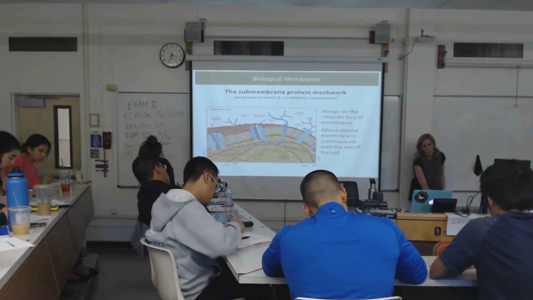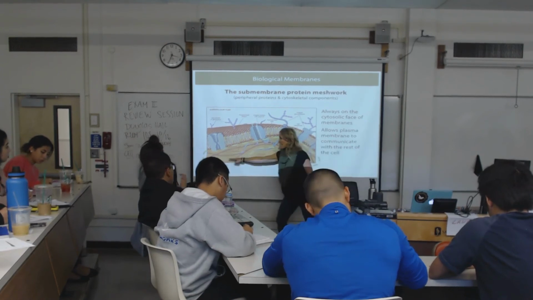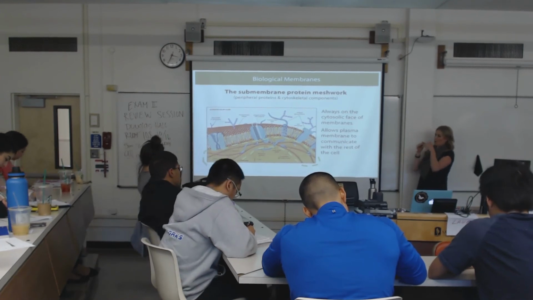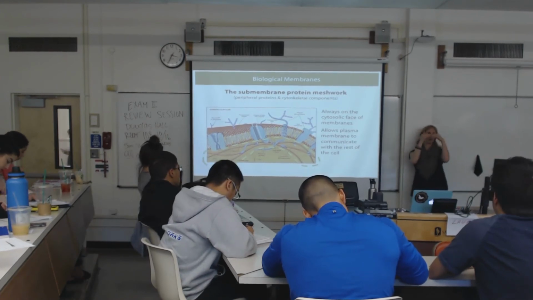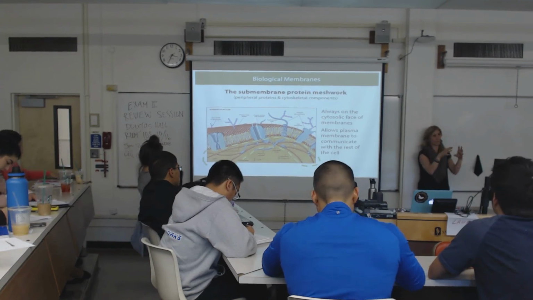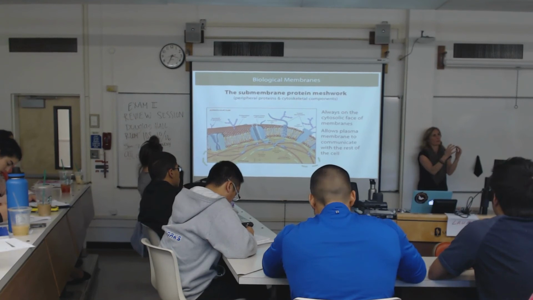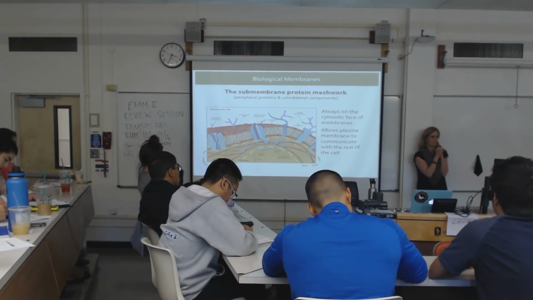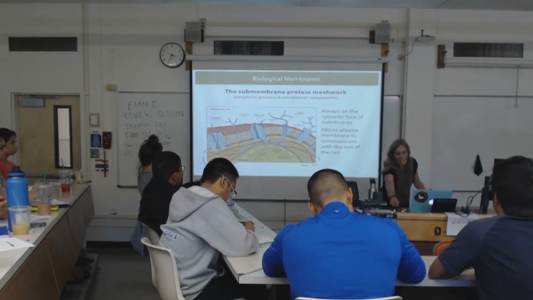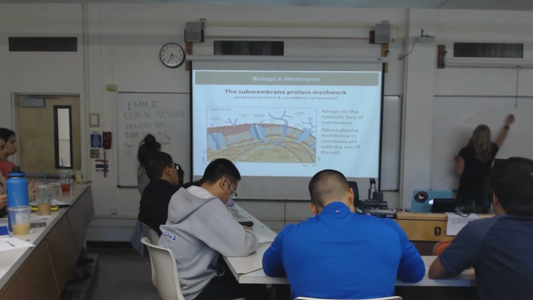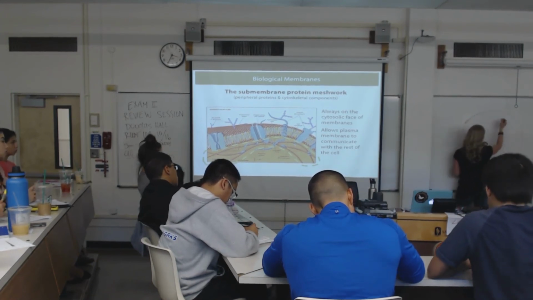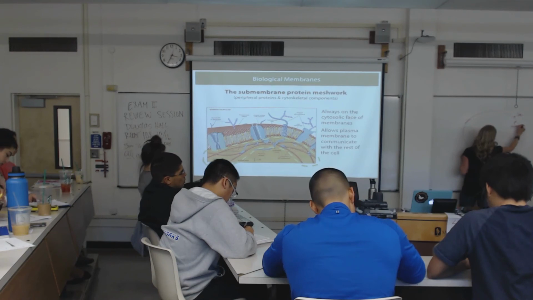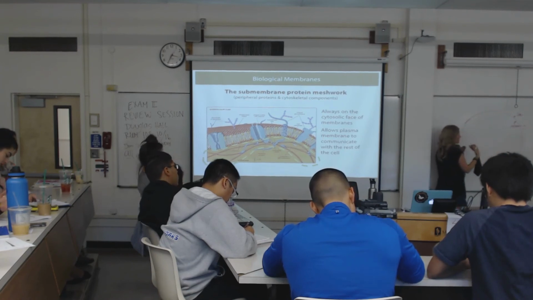So in this slide, the actual submembrane protein meshwork is what I circled in hash marks here. It's all the proteins and molecules that live, if it's the plasma membrane, just under the membrane on the cytosolic side. If you're talking about organelles or vesicles, it's going to be just on top of the membrane on the cytosolic side. It's always on the cytosolic face of the membrane. I say that because sometimes it's intuitive when you're talking about the plasma membrane that this is the cytosolic side, so we're always thinking about just inside of the membrane.